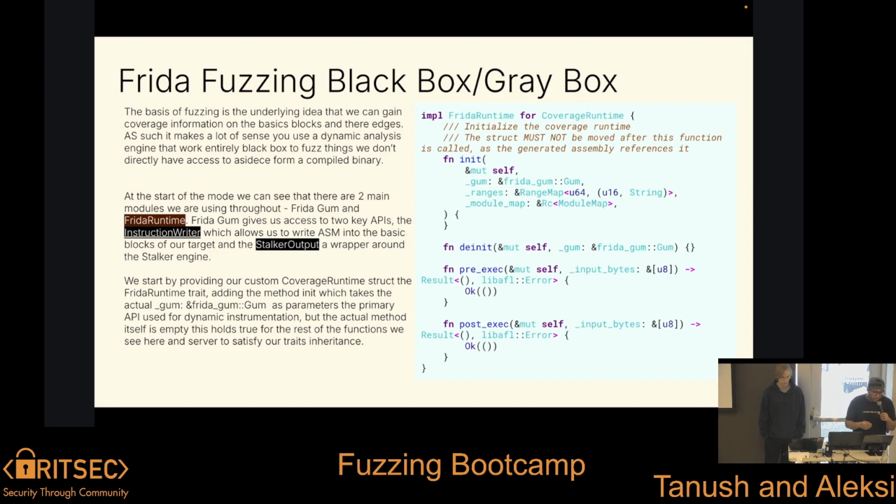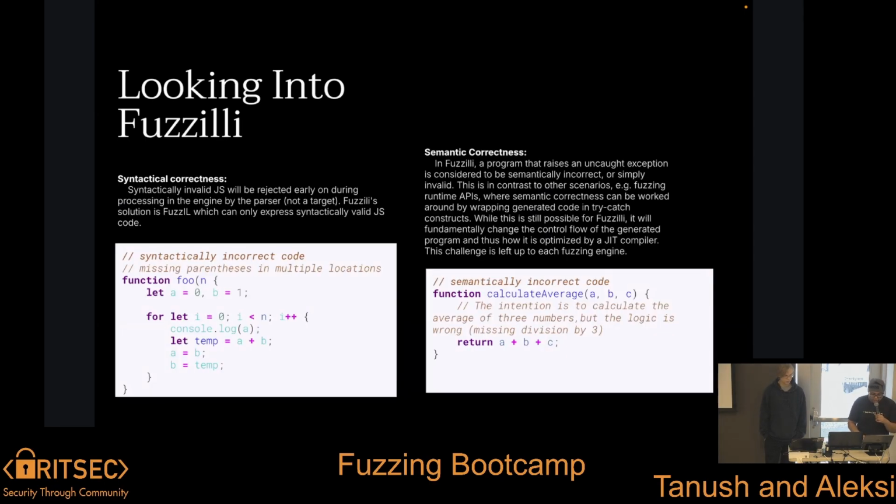So twofold value with Frida. But yeah, all of this is kind of just built up to what our work was for the last 3-4 months, where we got really into the weeds of a JavaScript compiler fuzzer called Fuzzilli. And yeah, I'll let Aleksi take over for this bit.